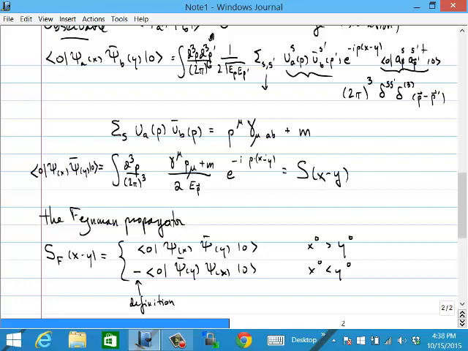Okay. Yes. What if x0 is equal to y0? So remember, let's think about the case of a boson. Remember that if x0 is equal to y0, you have points that are space-like separated.